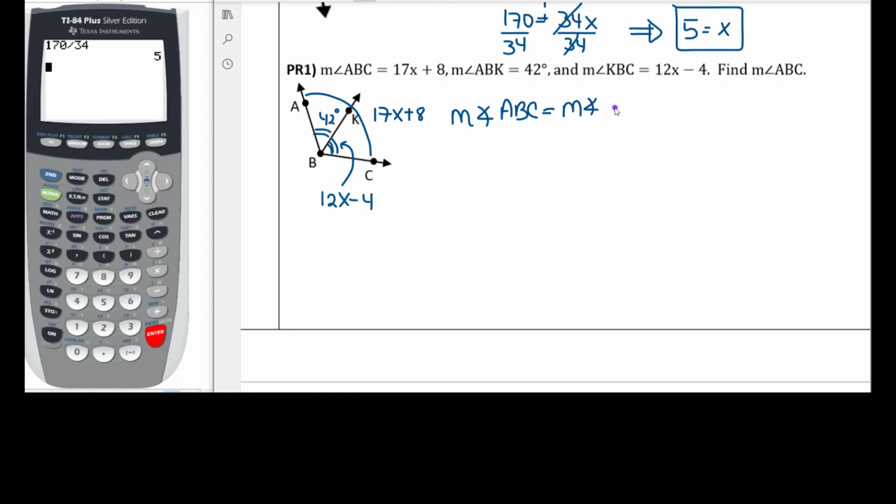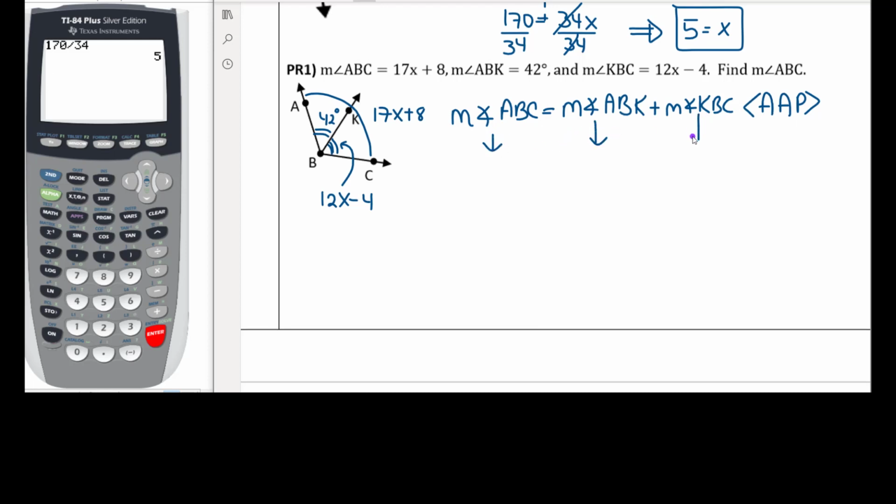So let's see, angle ABK and the measure of KBC. And the reason why we can do this is because of angle addition postulate. So I have derived my geometric relationship and I have justified it. Now I'm going to substitute.